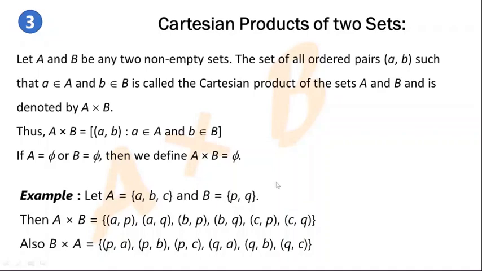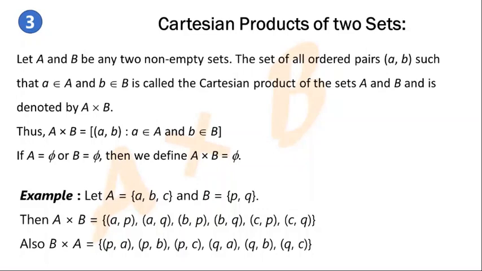So whenever we have to find the Cartesian product of A and B, A comes first. So the first element must belong to our set A and that relates with set B. So how to find that Cartesian product? Just concentrate here.